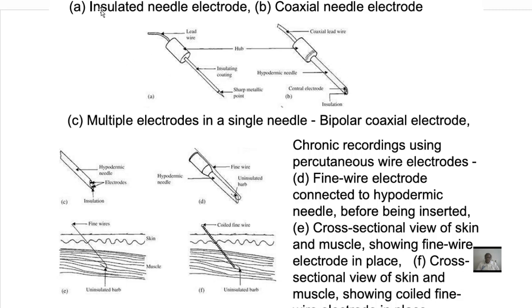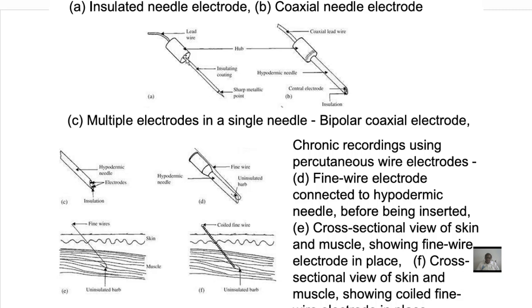In the needle electrode, again we have the insulated needle electrode, coaxial needle electrode, and multiple electrodes in a single needle, that is the bipolar coaxial electrode. So the first one is the insulated needle electrode. We have a sharp edge that can be inserted in the skin.